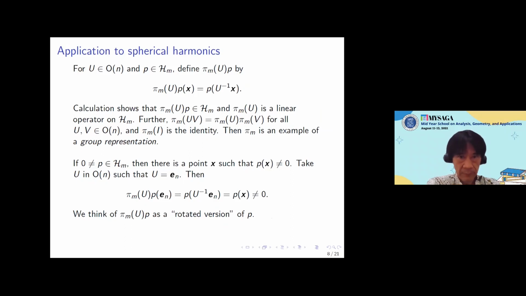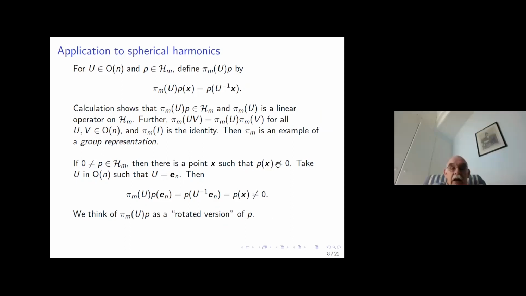I take a matrix U so that U applied to X is equal to En, and that means by definition that when I take this operator pi of U acting on P at En, that's P of U minus 1 En, which is P of X, which is not zero.